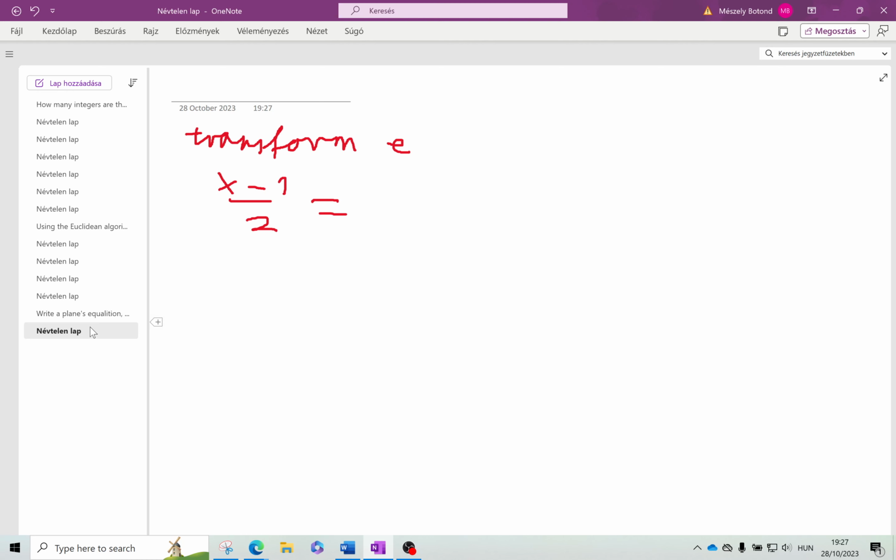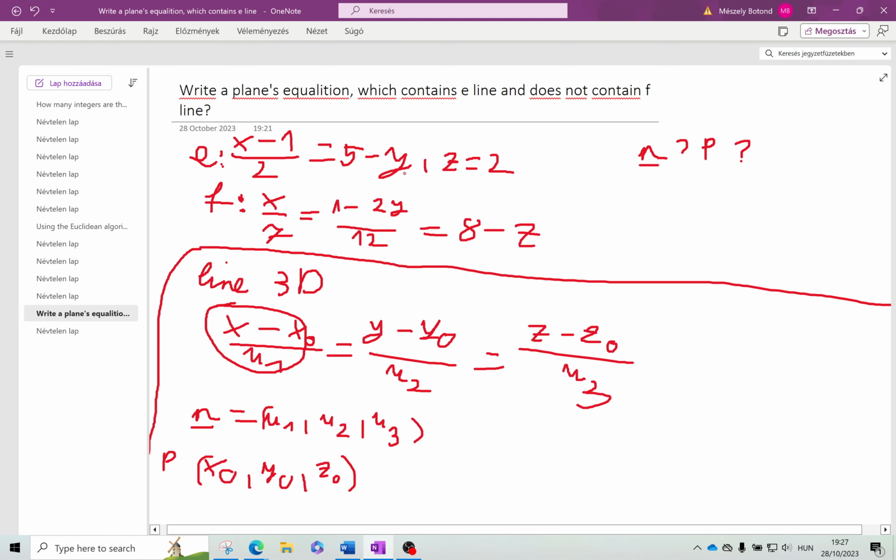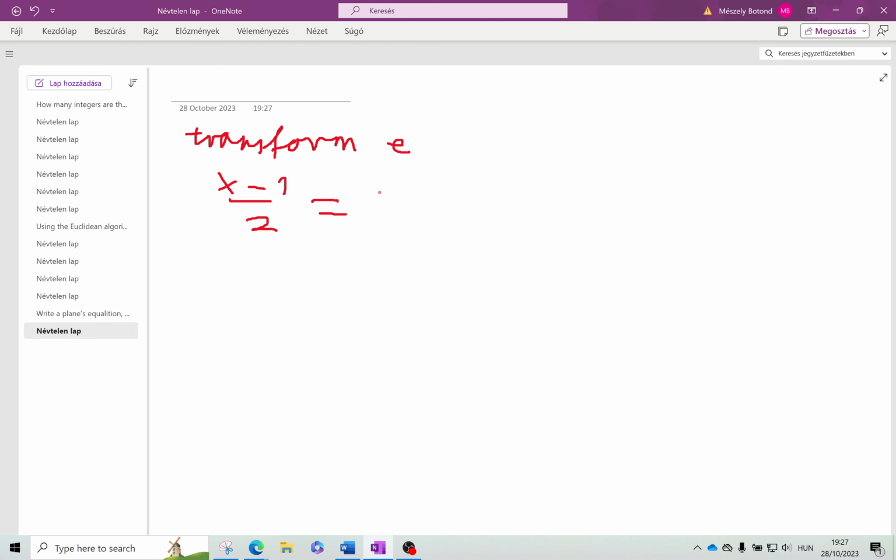But 5 minus y is not the right way. So we write it down like this: y minus 5 per minus 1.